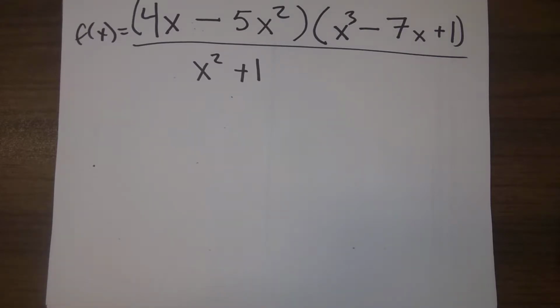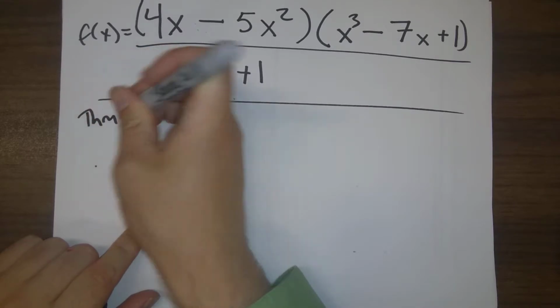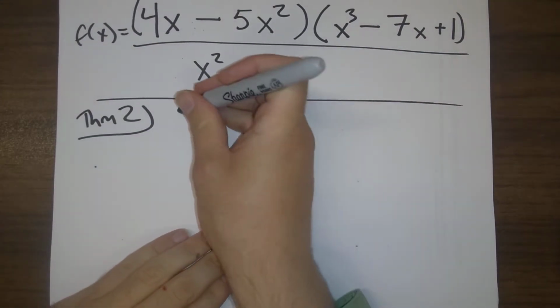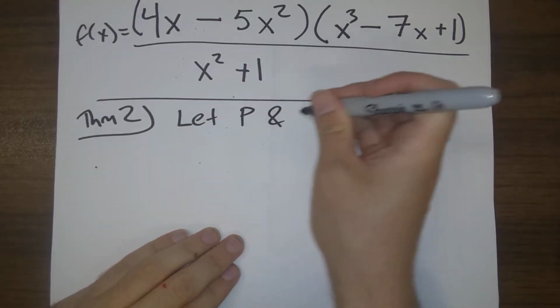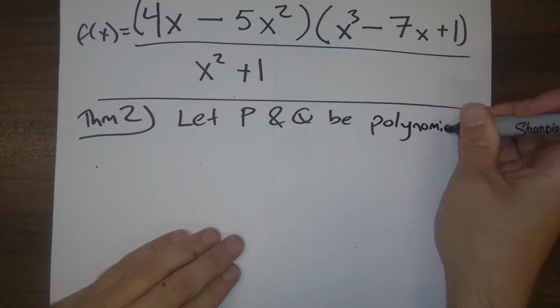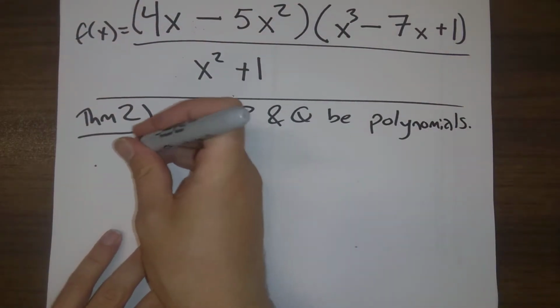And so we can do this more generally. The big punchline, theorem 2 in this section, says: let P and Q be polynomials. Basically what I was doing was constructing polynomials in the numerator and denominator.